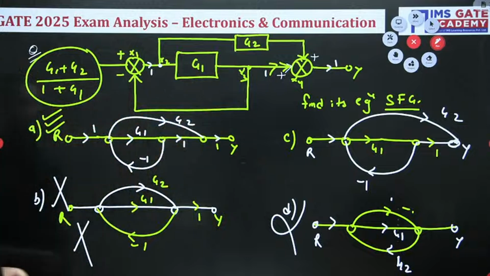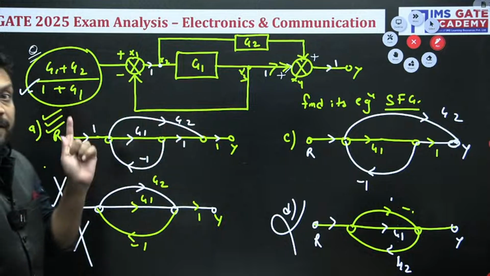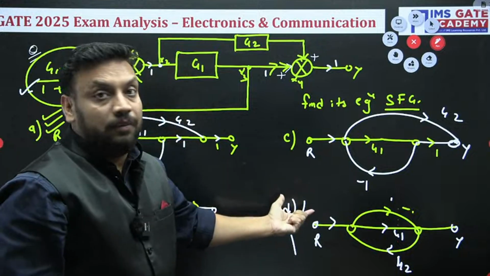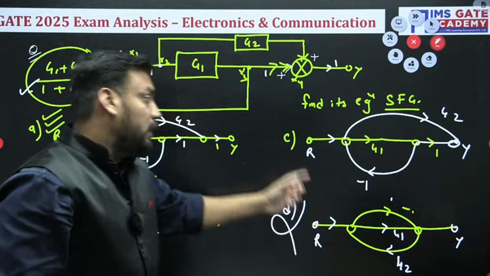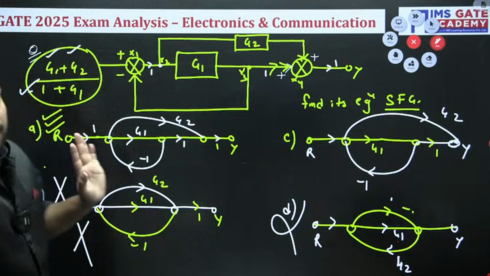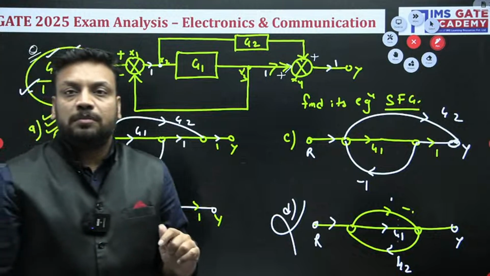So the ultimate sign is this. It means this option is definitely correct, and if the question is MSQ, then the other options must satisfy only two forward paths and one loop gain. Yes or no, guys?